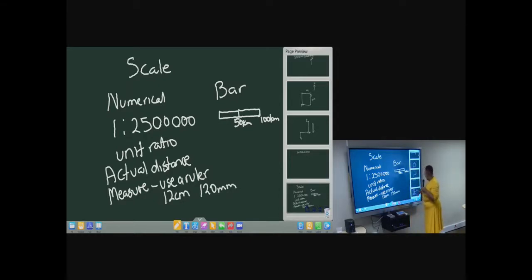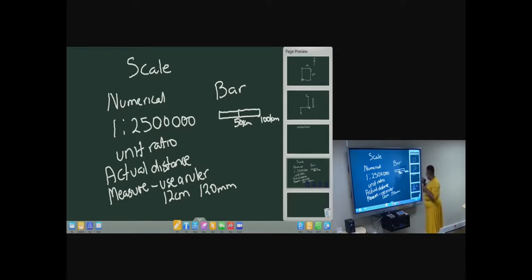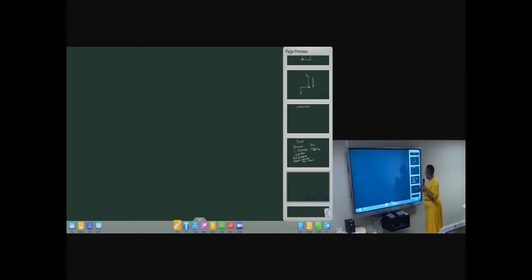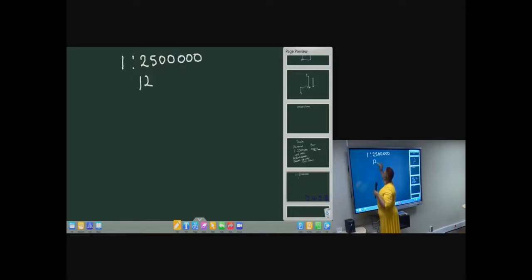So after you have measured using a ruler, the next thing you do is, okay, the given scale is 1 is to 2.5 million, and using a ruler, you have measured 12 centimeters or 120 millimeters.